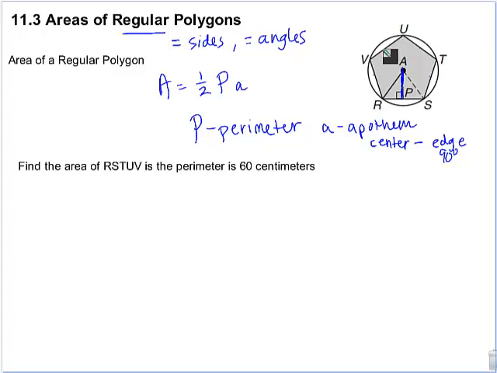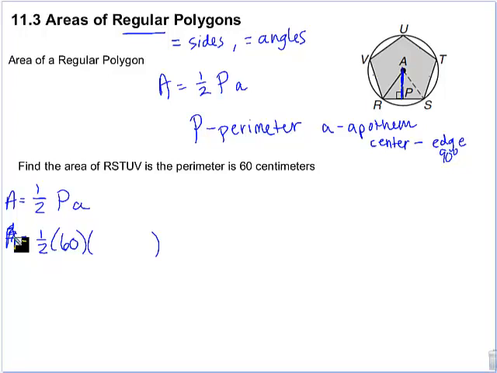Okay, so we are using that example up there. First off, we already know perimeter. So to find this area, we do 1/2 perimeter times apothem. We already know the 60 part. We need to find the apothem part. So let's think.